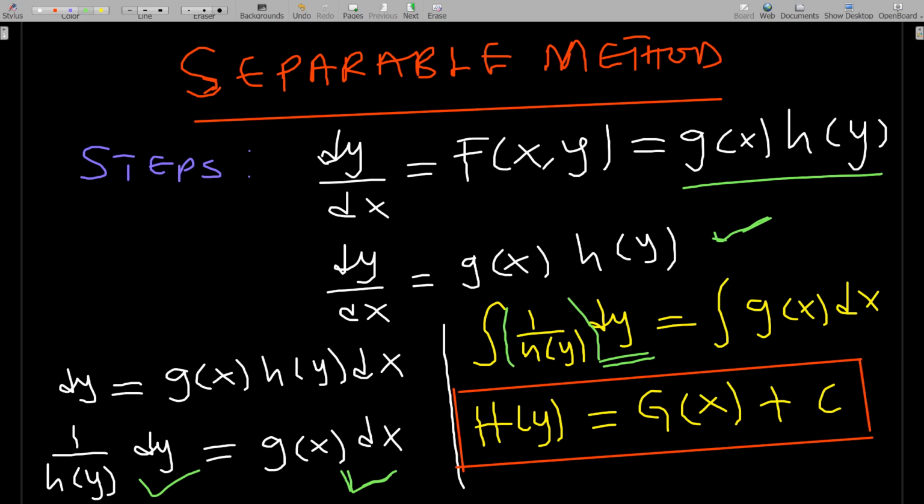Then integrate the right side with respect to only x, where all functions will be in terms of x. After integrating 1 over h of y, we assume that the solution you get is capital H of y, the solution for integrating the whole of this. And when you integrate the right side, we assume that you get capital G of x.